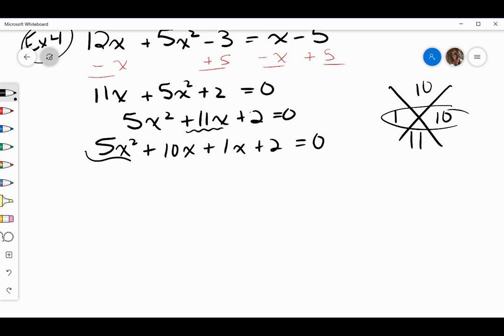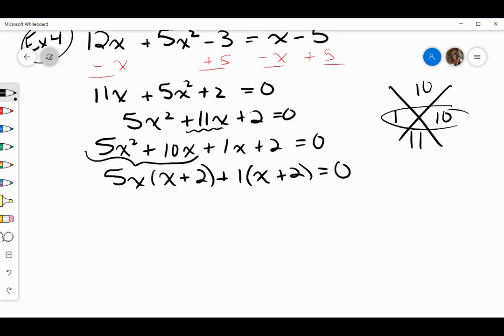Okay, so here, what's the greatest common factor? And then here, what's the greatest common factor? Just 1. We want these binomials to be the same, right? Because we want it to have the same width and the same length. So this is our width or length is 1, 5x plus 1, 1 factor. And x plus 2 is the other factor.